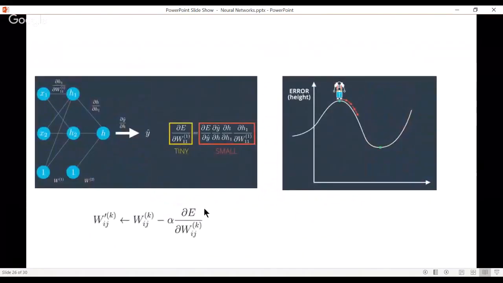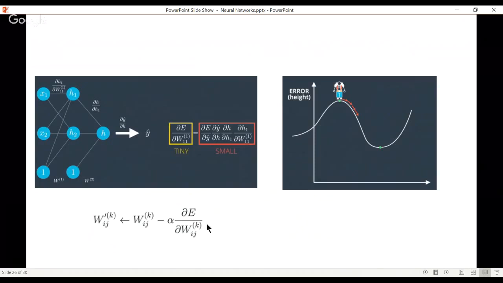Now, as we saw previously, when we compute the gradients of weights at the very beginning of our neural networks, they depend on all these derivatives, not the gradient with respect to error, but the derivatives.